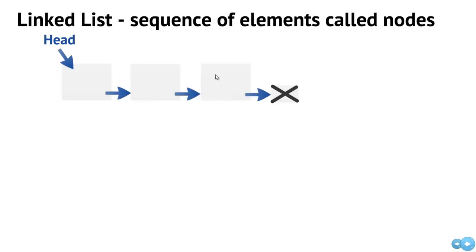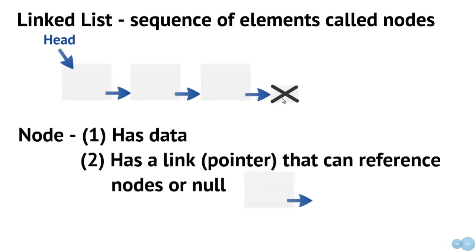And at the very end, the very last node here would reference some sort of null value, something to indicate that we're at the end of this list. And the nodes themselves have data. So in our example, we just simply had a name, but we could certainly have a lot more data associated with each node. And not only does it have data associated with it, it has to have a link or a pointer that can reference other nodes, or it can reference the value of null.